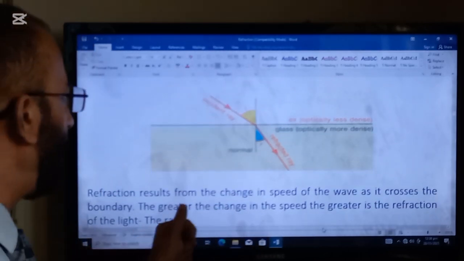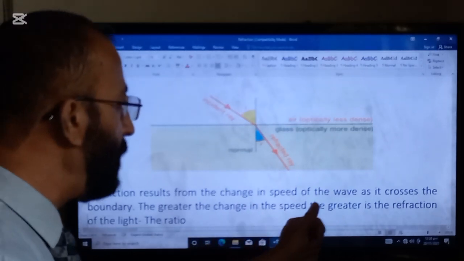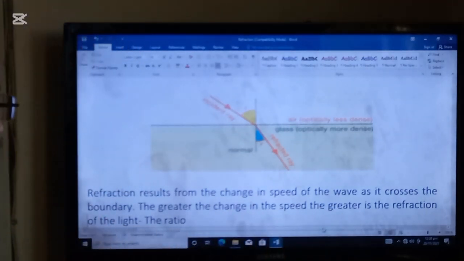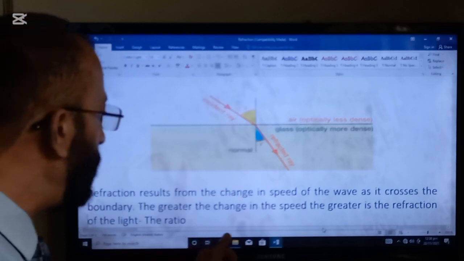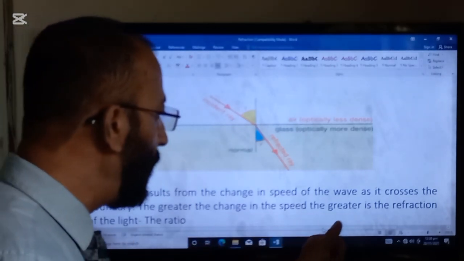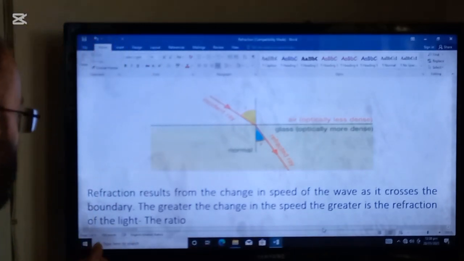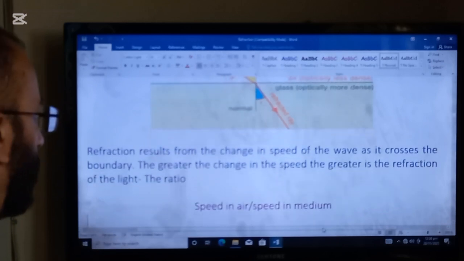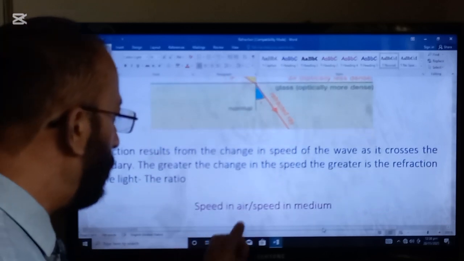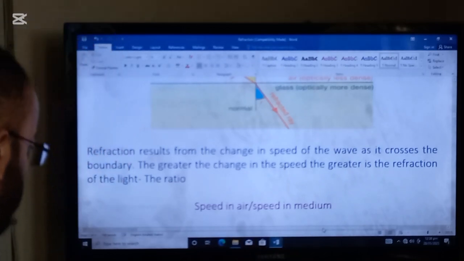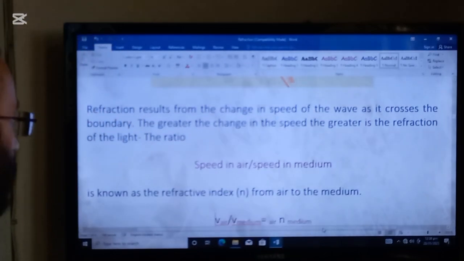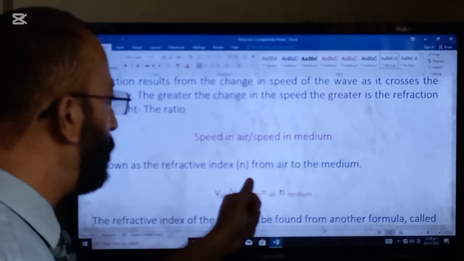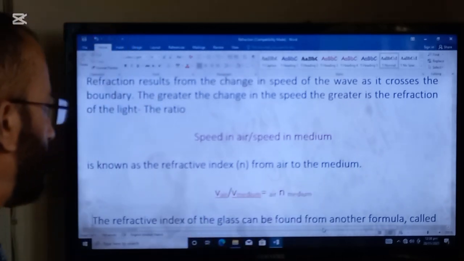Refraction results from the change in speed of the wave as it crosses the boundary. The greater the change in the speed, the greater is the refraction of the light. The ratio speed in air over speed in medium is known as the refractive index n from air to medium.